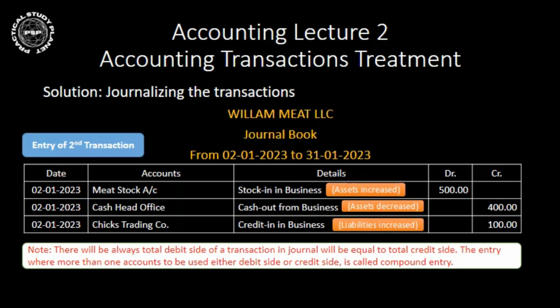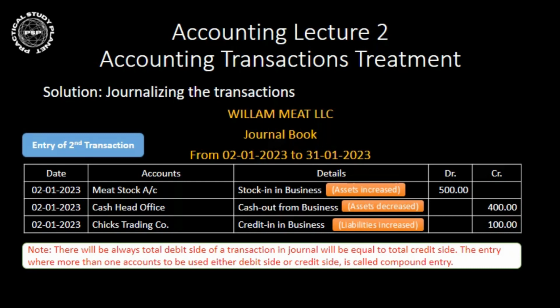So move to the second transaction. Mr. William bought meat from Chicks Trading but paid 400 cash, the remaining 100 balance. According to that, the transaction will be written as: meat stock increased, asset increased, so 500 is written on the debit side. The cash paid, cash decreased, the assets of the business decreased, so 400 is written on the credit side.